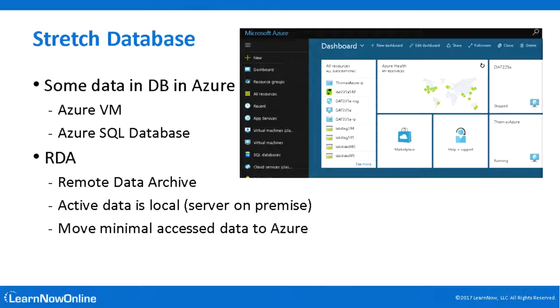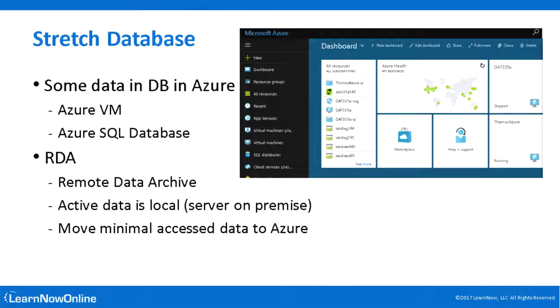You're always querying the table on the SQL Server 2016 on-premise instance, but behind the scenes, the archive data in the cloud is retrieved if needed. The query uses the same table, so there's no change in applications or reports, which should make most people very excited.